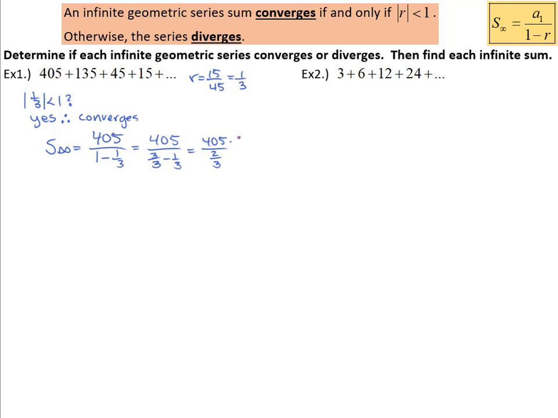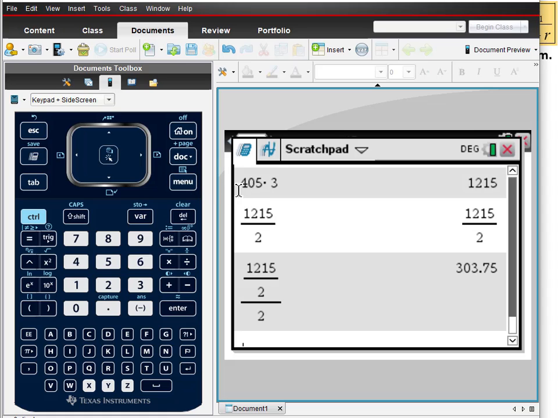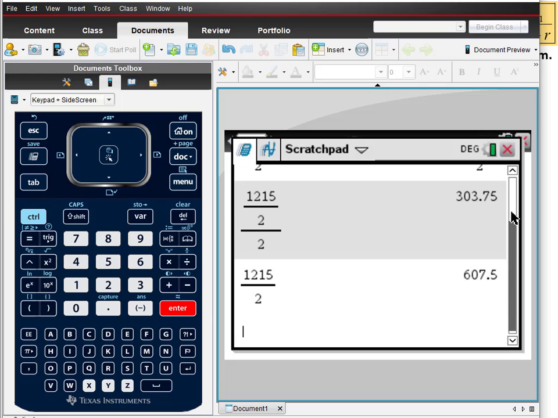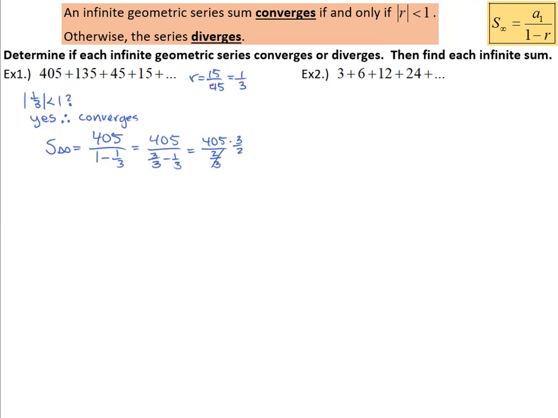If I multiply by the reciprocal, we get 405 times 3 divided by 2. So multiply by 3, divide by 2. You could leave it as the fraction. Whoops, I accidentally divided by 2 twice. Let's find the decimal version of the correct one: 607.5. That seems pretty reasonable for what they gave us. There's our infinite summation.